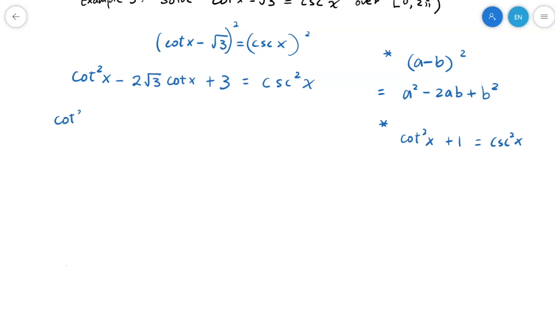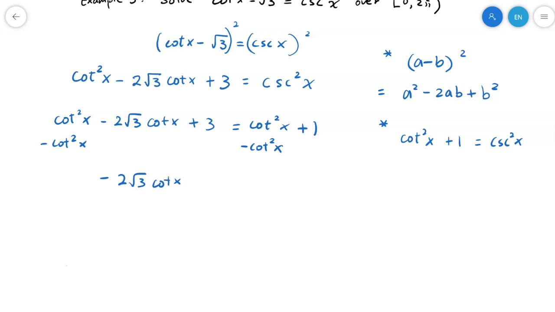So cotangent squared x minus 2 times square root of 3 times cotangent of x plus 3 equals cotangent squared x plus 1. Now simplify everything: subtract cotangent squared x on both sides. I got negative 2 square root of 3 cotangent of x plus 3 equals 1. Subtract 3 on both sides.